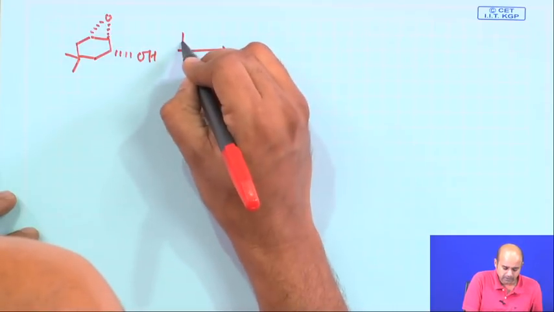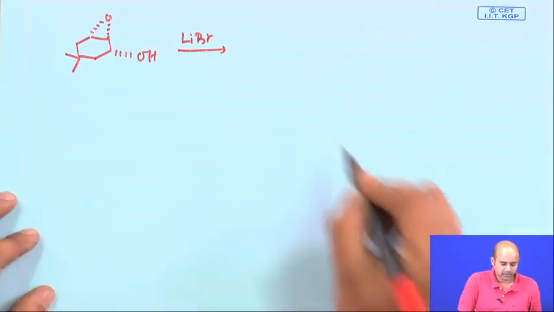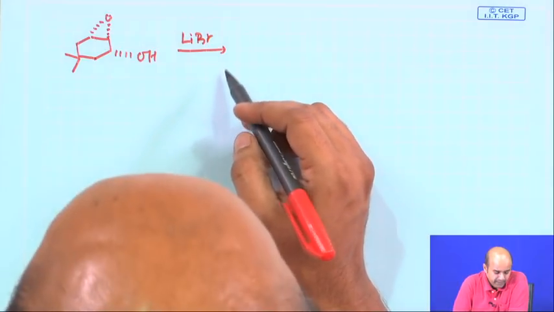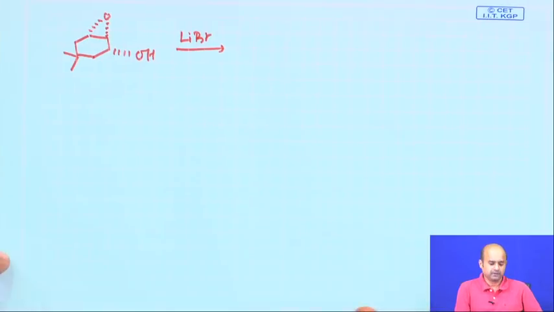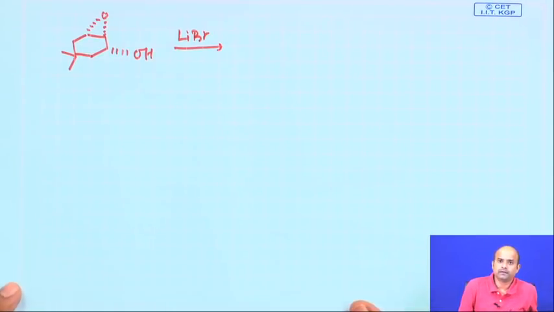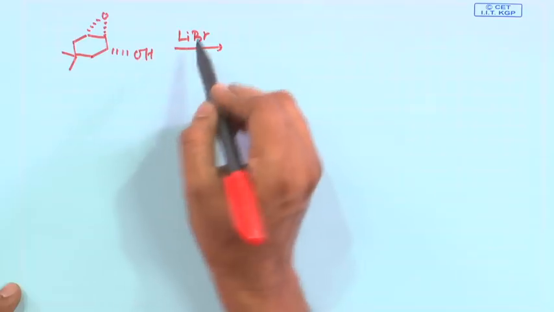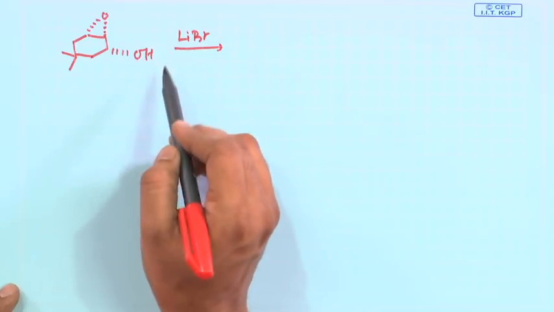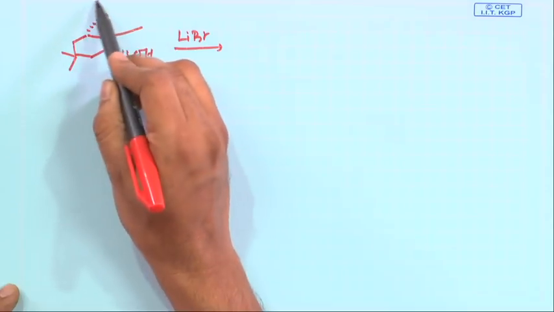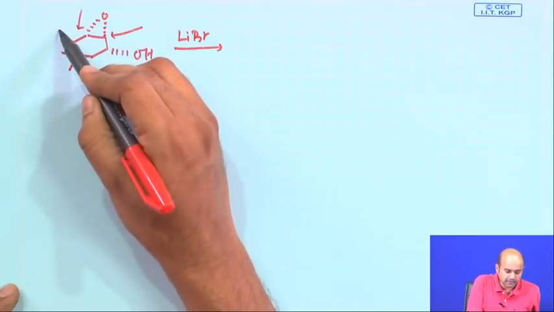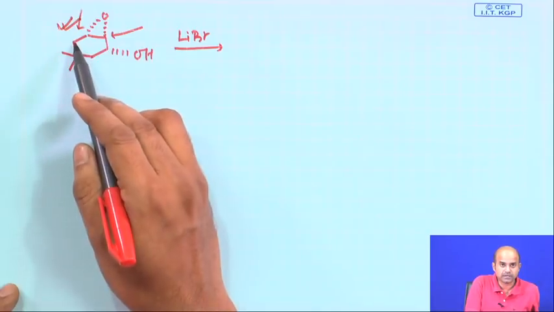Next step is lithium bromide opening. Now, lithium bromide is a nucleophile. It can attack the epoxide through an anti transition state. Br minus is a nucleophile and it will try to attack either from this side or this side. This side attack is much more facile because it is sterically less crowded.